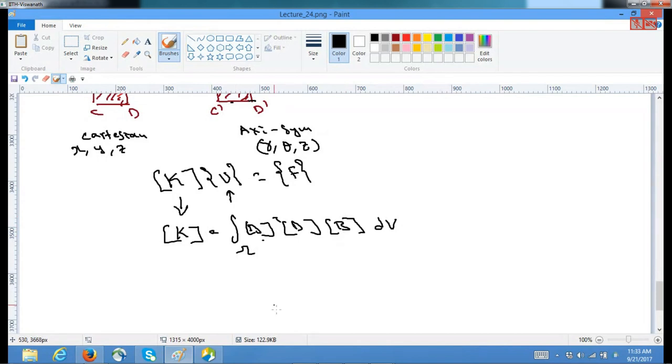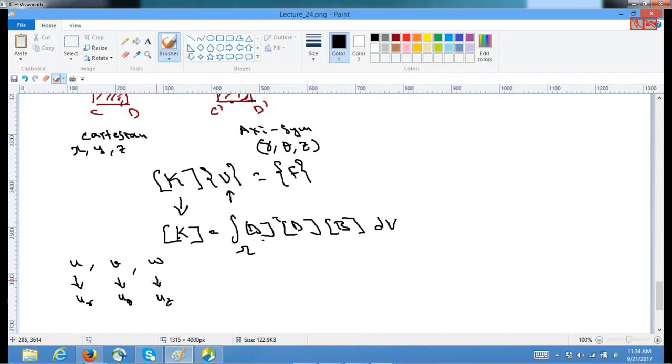So first let me give you the stress strain relationship for the axisymmetry. In the Cartesian case we have 3 displacements U, V and W. In this case, we'll call all these things UVW. However, we mean that U is Ur, V means U theta, and W means Uz.